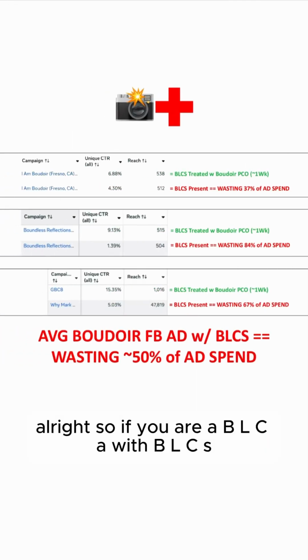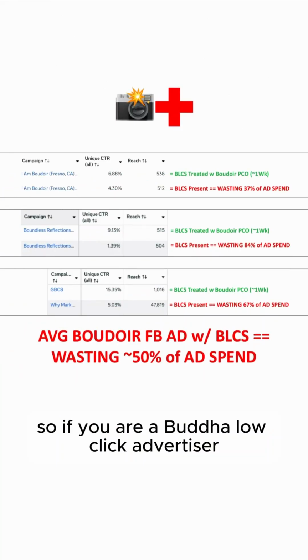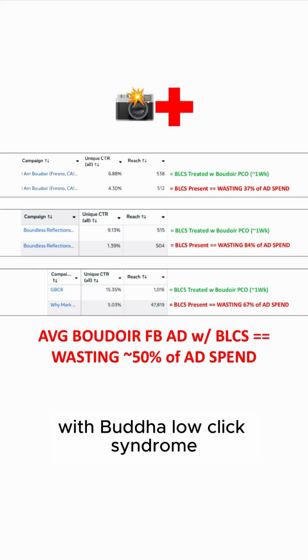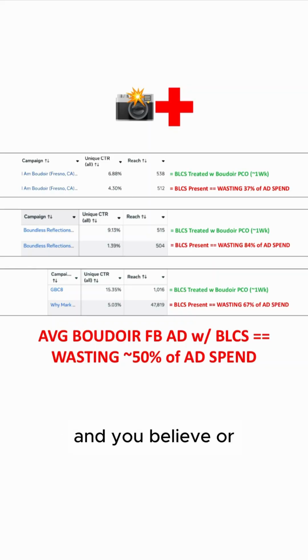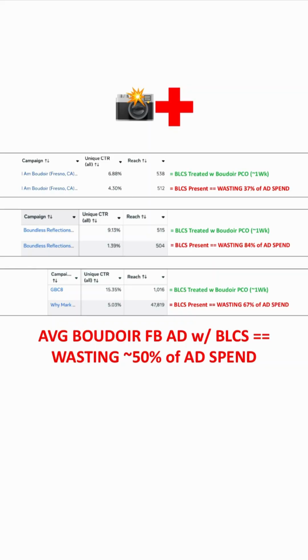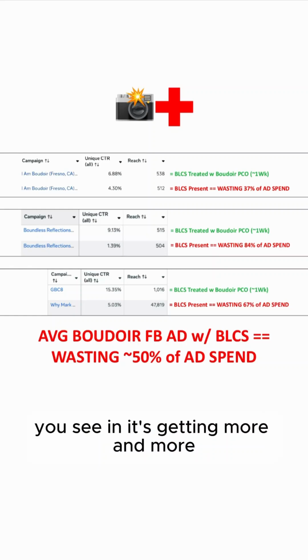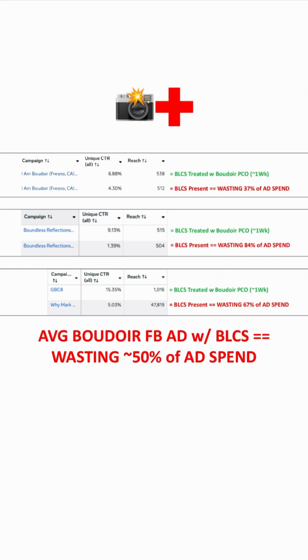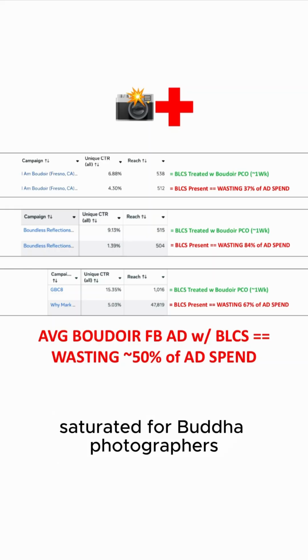All right, so if you are a boudoir low-click advertiser with boudoir low-click syndrome, and you're spending more than 10 grand a month on Boudoir Facebook ads, and you look at the marketplace and see it's getting more and more saturated for boudoir photographers.